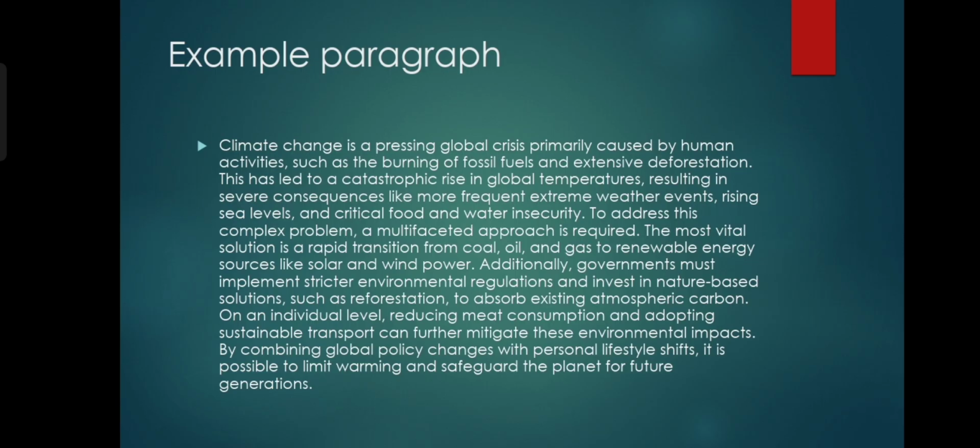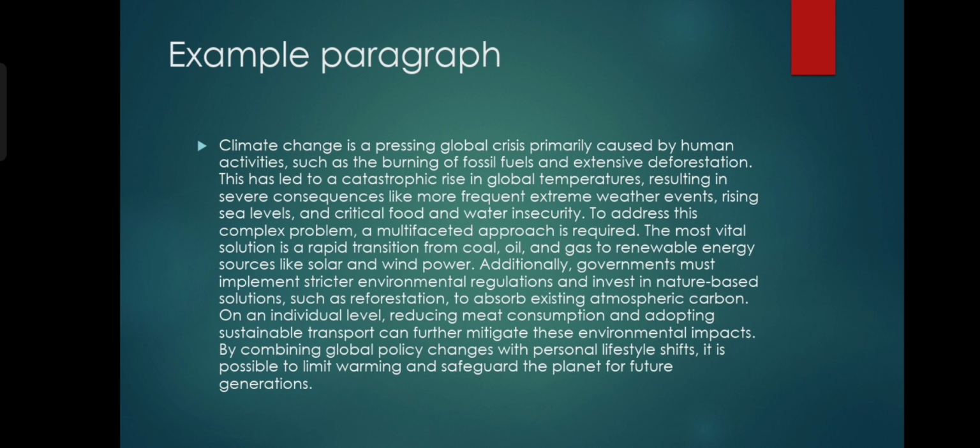To address the complex problem, a multifaceted approach is required. The most vital solution is a rapid transition from coal, oil, and gas to renewable energy sources like solar or wind power.